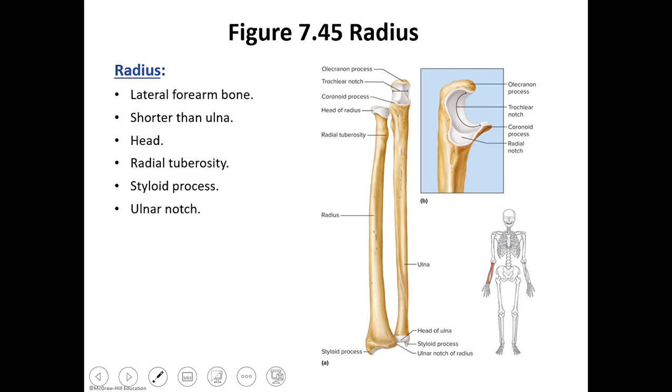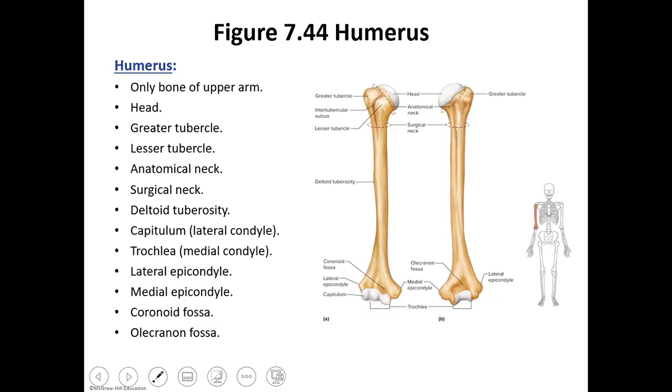I'm going to go back one slide. And you saw on the distal end of the humerus, you see the olecranon fossa. That's where the olecranon process will be seated. And you see the coronoid fossa, where the coronoid process will be seated.